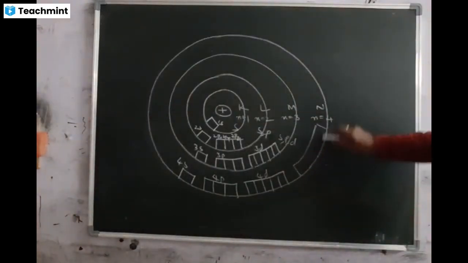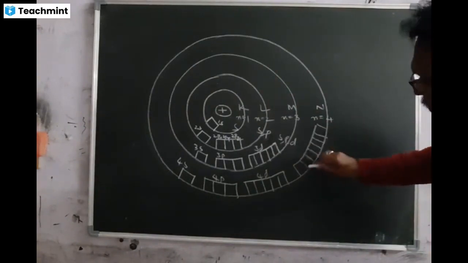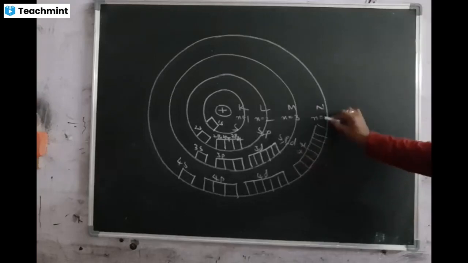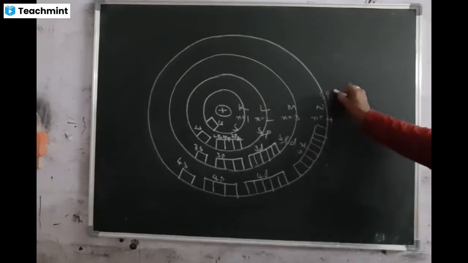I think 7. 1, 2, 3, 4, 5, 6, 7. This is 4f. So here n equal to 4 means s, p, d, f subshells.